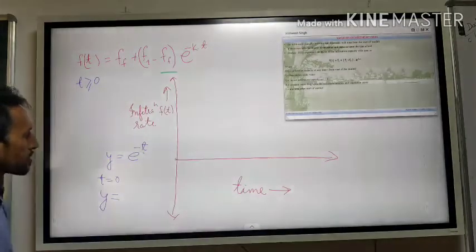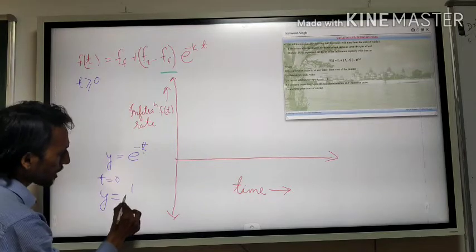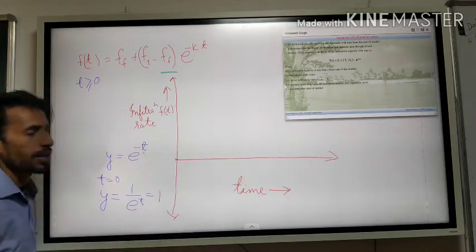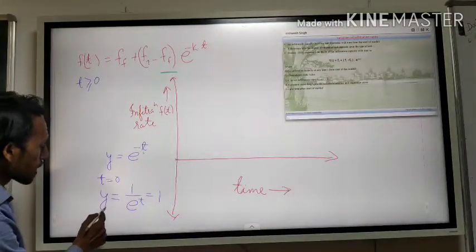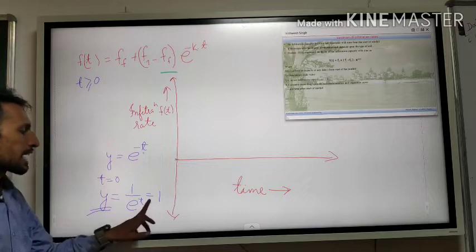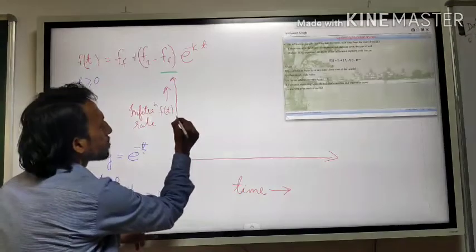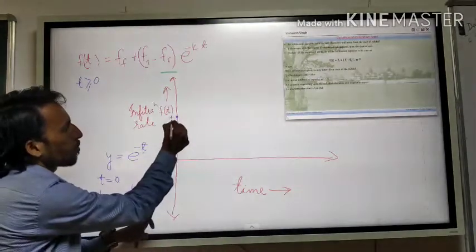It is nothing but e to the power 0, which is 1. That means at time t is equal to 0, the curve should intersect at 1. So this must be its initial point, where it is 1.